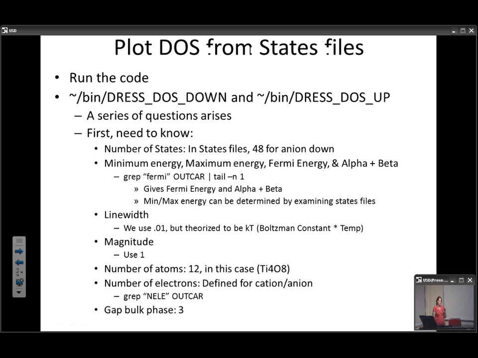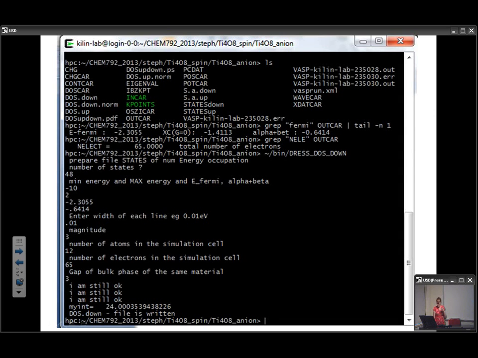For minimum and maximum energy, look at the range of energies you want plotted, and this will make sure you include your band gap; you can usually go 10 up and 10 below that. For line width, we use 0.01. This is technically theorized to be the Boltzmann constant times temperature. Magnitude is 1. Then your number of atoms, the number of electrons using grep NELECT OUTCAR, and then for gap bulk phase we use 3.